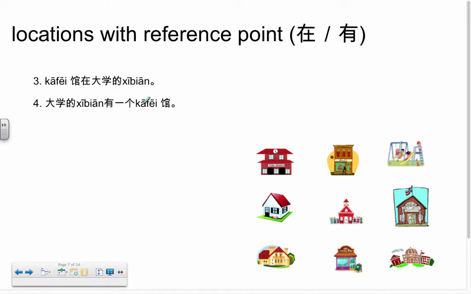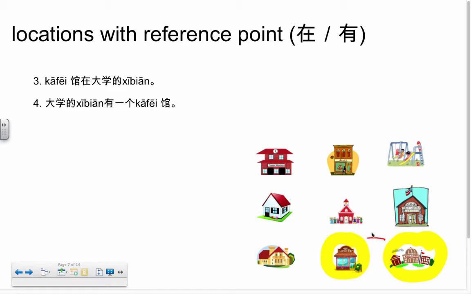Here's another example, 3 and 4. Here we're talking about the 咖啡馆 and 大学. And for this one, I used cardinal directions instead. So number 3, 咖啡馆在大学的西边. The coffee shop is west of the university.